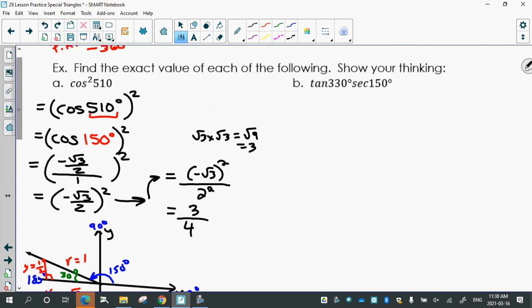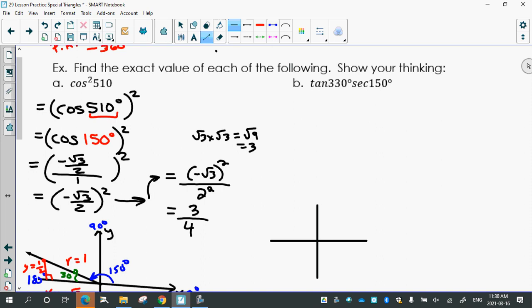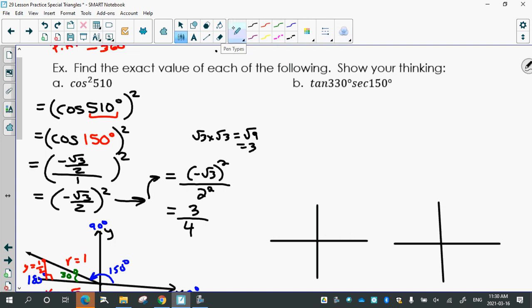All right, the tan of 330 times the sec of 150. So I'm going to have to make 2 diagrams. I'm going to make my diagram smaller and down here. One's going to be for 330 and one's going to be for 150.